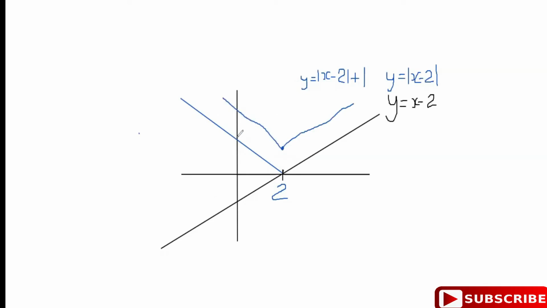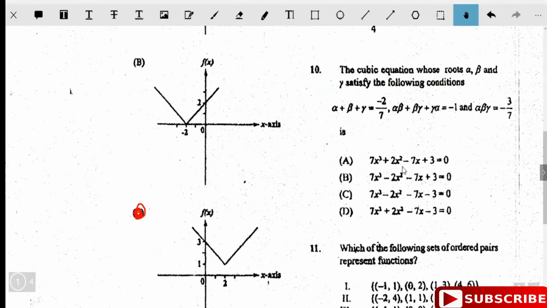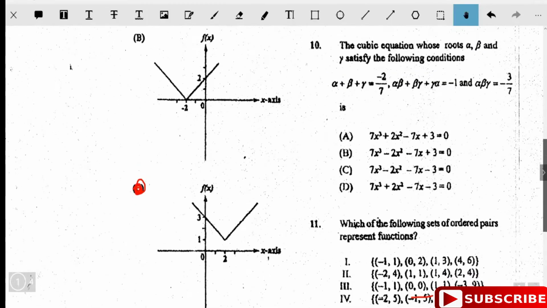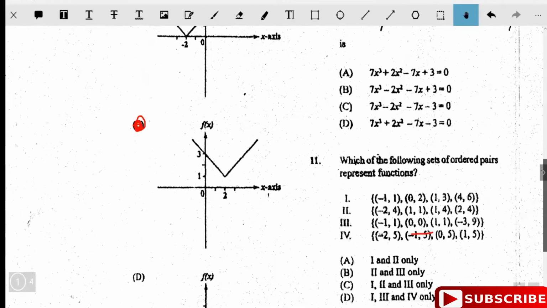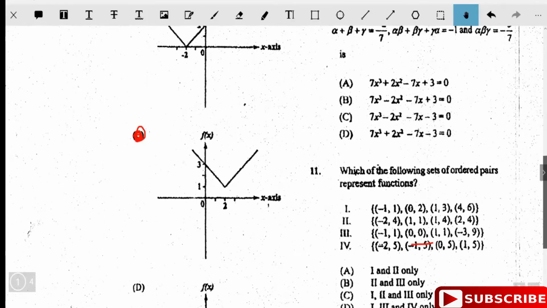And so that's what the graph becomes. Instead of passing through 2, when you move it up by 1, it's going to pass through 3. The critical point is still 2. And so that is C. That's it.